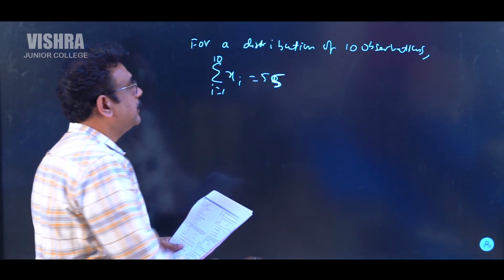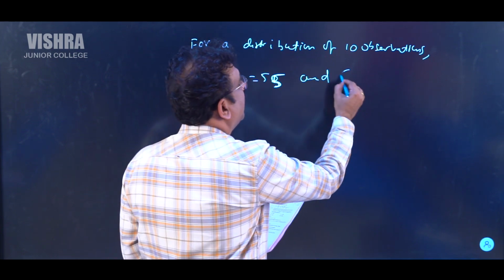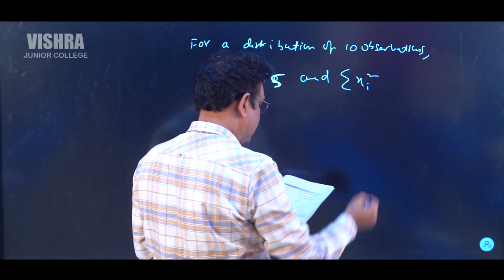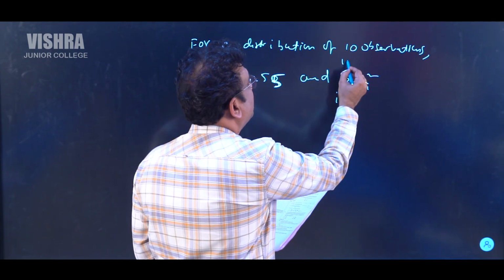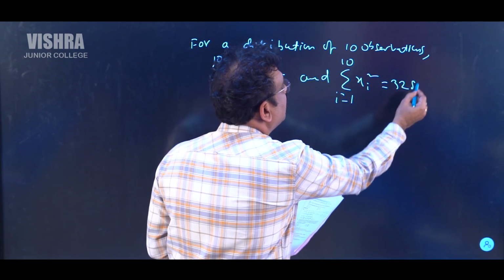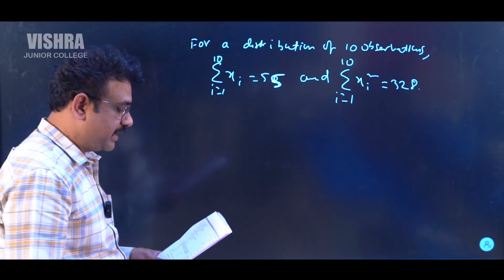Next, sigma xi square, i equal to 1 to 10, is equal to 328.